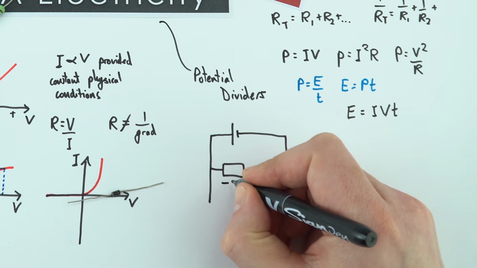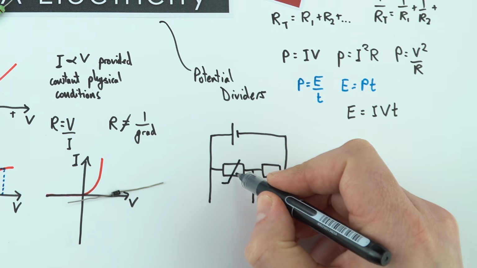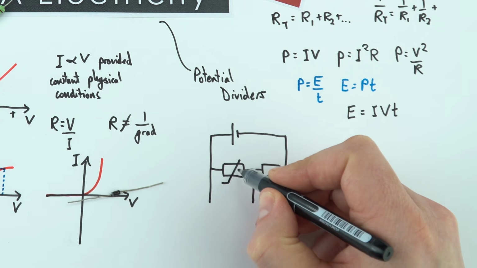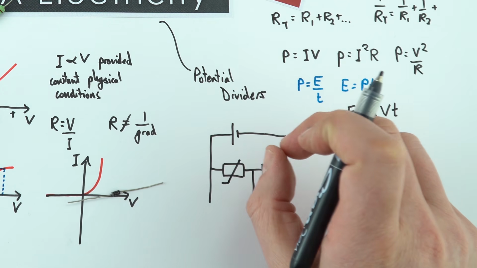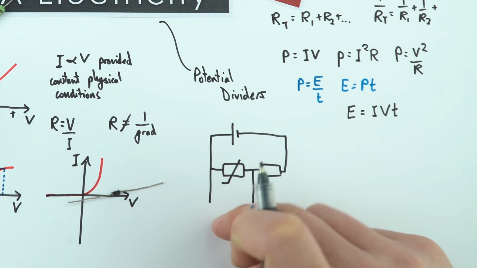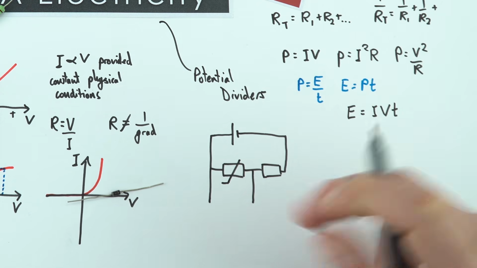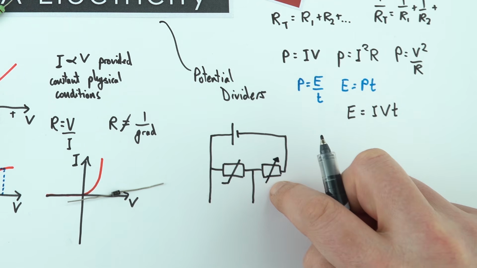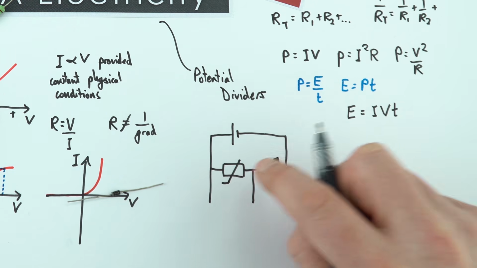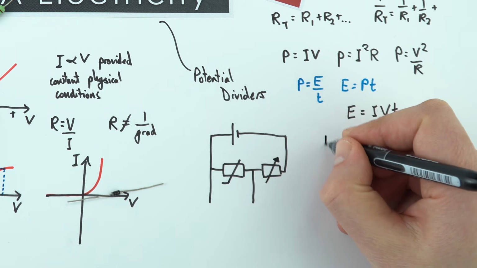So we might have a semiconductor, so we could have a thermistor, and as the temperature changes, that affects the resistance, which affects how much of that potential difference it actually takes, and therefore the potential difference across this bit of the circuit. We also might have a variable resistor, so we can actually adjust our circuit. And instead of having a thermistor, we could also have a light-dependent resistor.